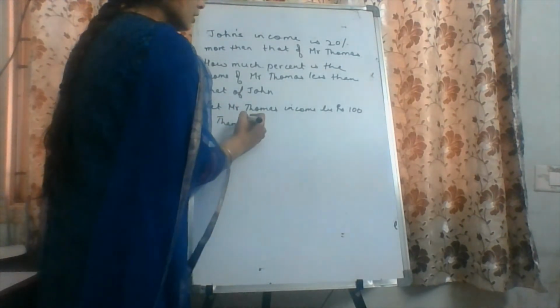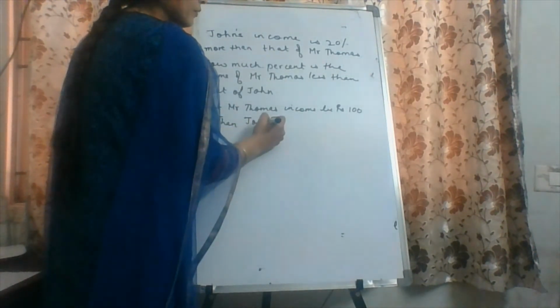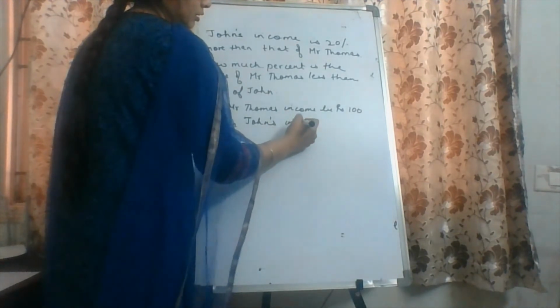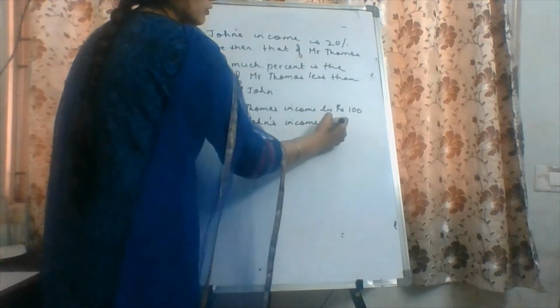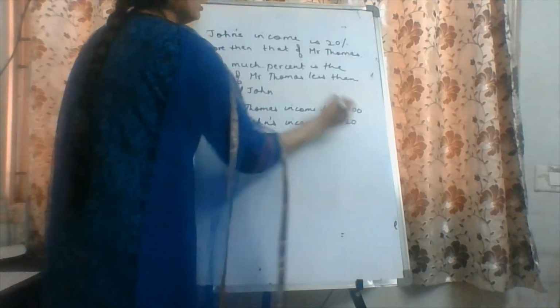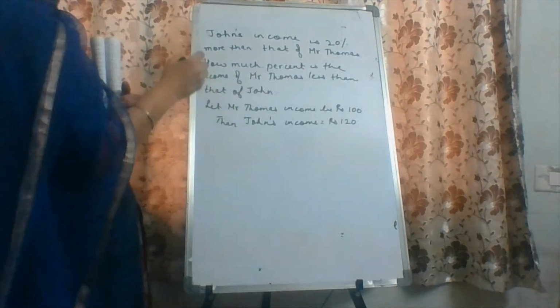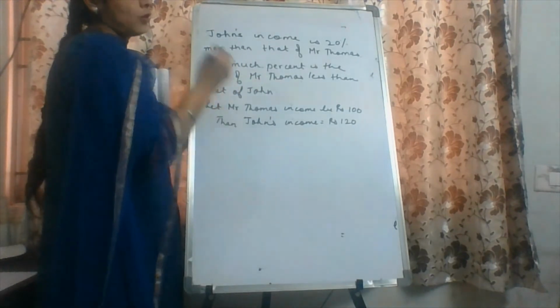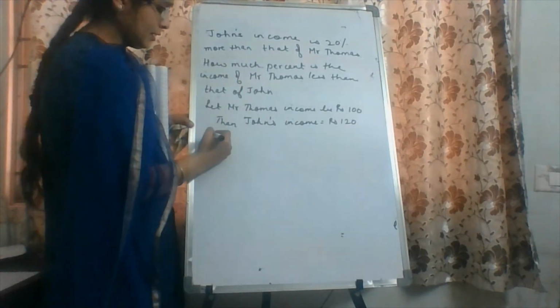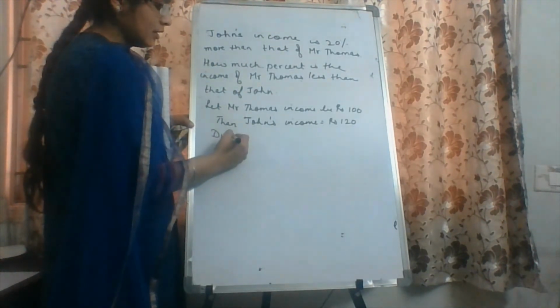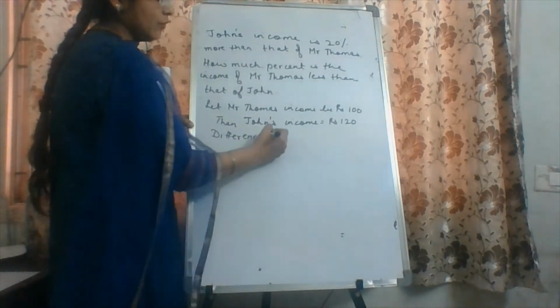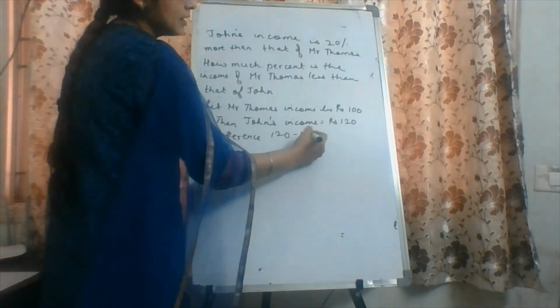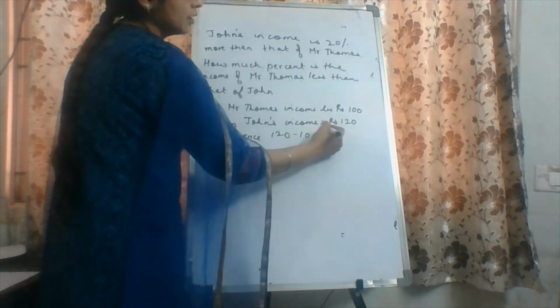So John's income is equal to rupees 120. How much percent is the income of Mr. Thomas less than that of John? What is the difference of the income? Difference is 20 rupees, 120 minus 100.